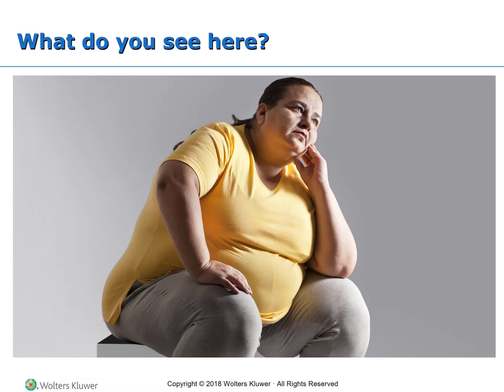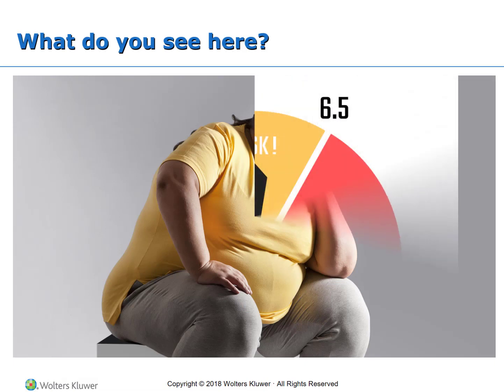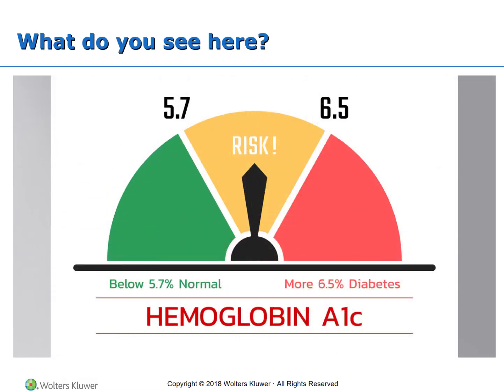We have identified people with pre-diabetes as generally patients who are overweight or obese, and we would like to also see their hemoglobin A1C. If their hemoglobin A1C is abnormal, which is between 5.7 and 6.5%, this basically means the patient is in the pre-diabetes stage.